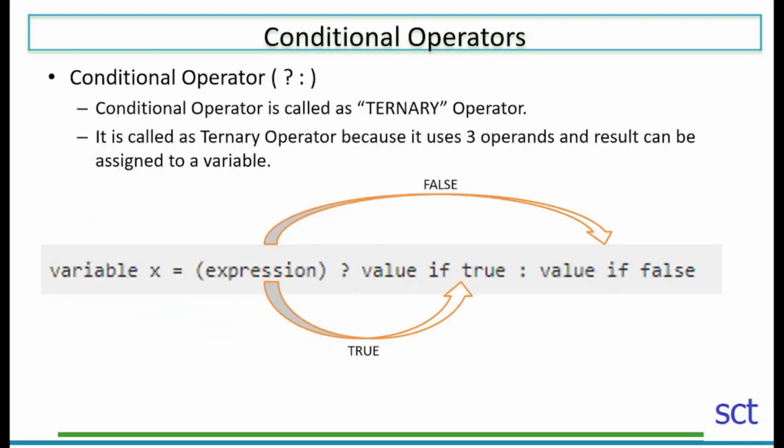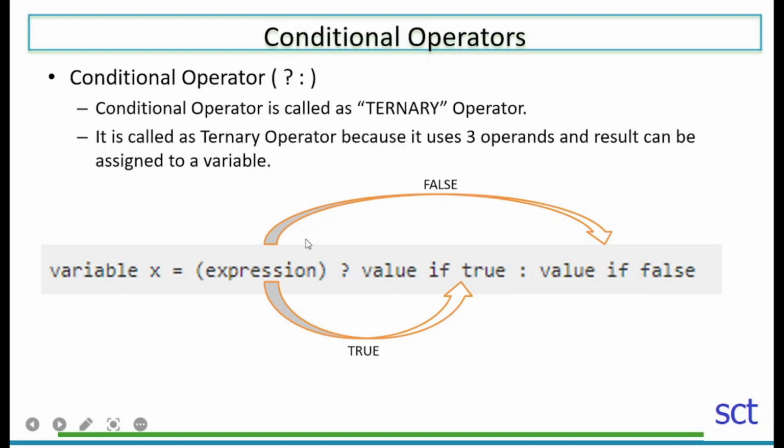Next is the conditional operator. It is like an if condition. It is called a ternary operator. Ternary operator means it takes 3 operands. So here x is equal to, this is one operand, this is the second operand and this is the third operand.